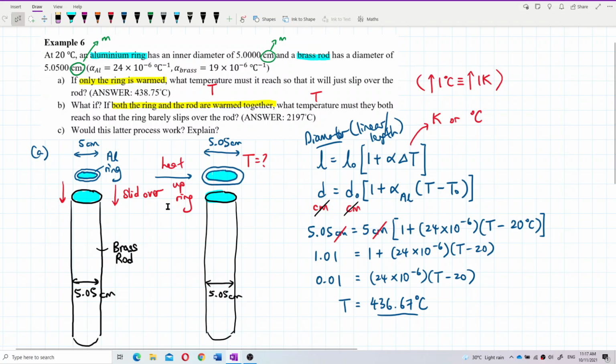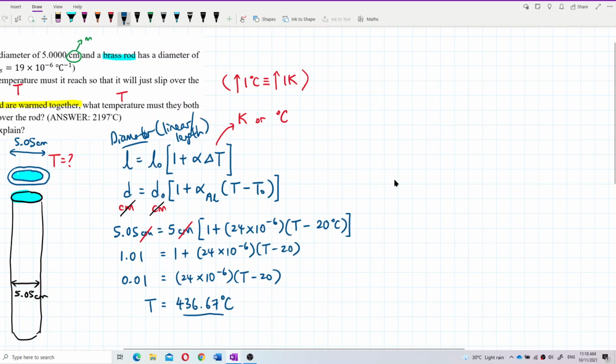However, we also can investigate the area. Let's check, do we get the same temperature if we use the area formula? Now let's find out using area. For area, we use the formula: area equals initial area times 1 plus beta delta T. If linear length, we use alpha.